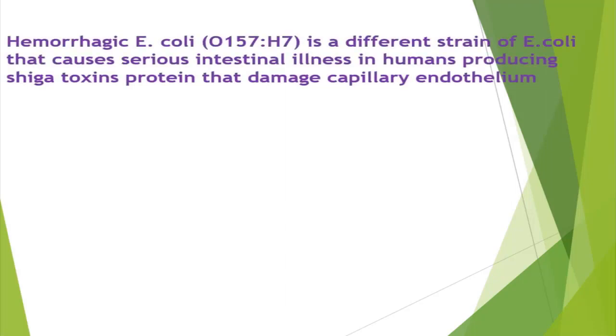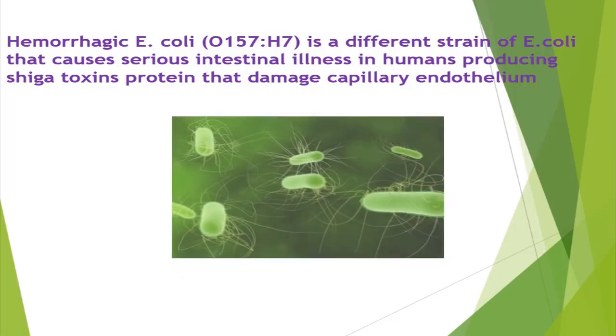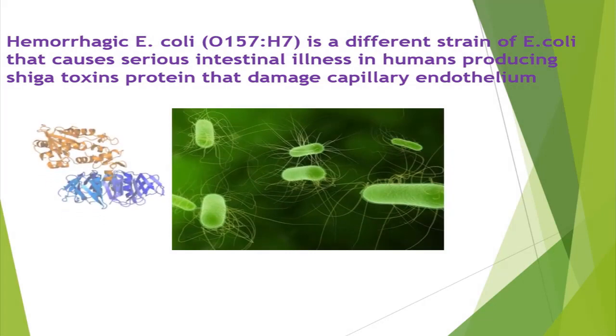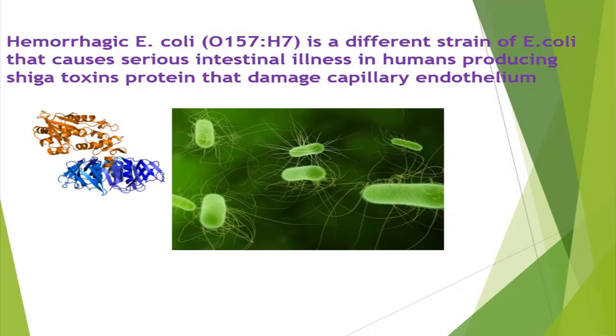Usually the microorganism is called hemorrhagic E. coli 0157H7, which is a specific strain of Escherichia coli causing severe intestinal illness that produces a toxin called Shiga-like toxin, a protein that damages the capillary endothelium.